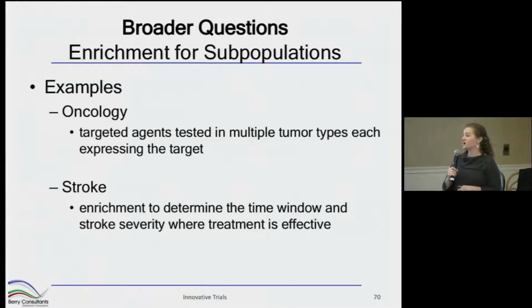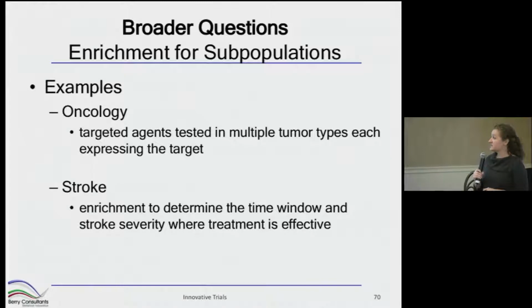So in oncology, we see these trials, we sometimes call them basket trials, where instead of just running a trial in one histology and then running a separate trial in lung cancer and running one in breast cancer, what we can often do instead is enroll a broad population. So we enroll patients in different types of tumors, and then we use our methodology to try and figure out in which of those populations there is a benefit.